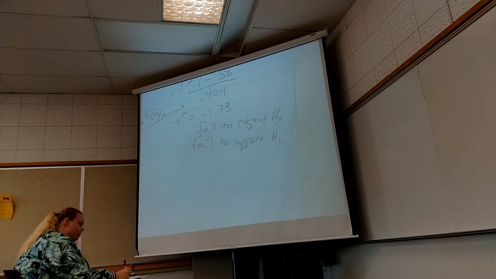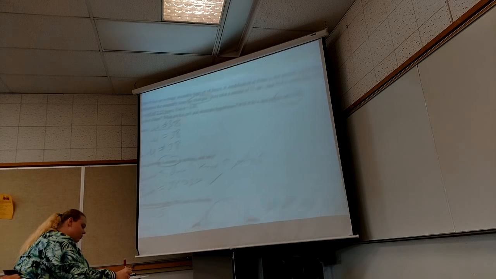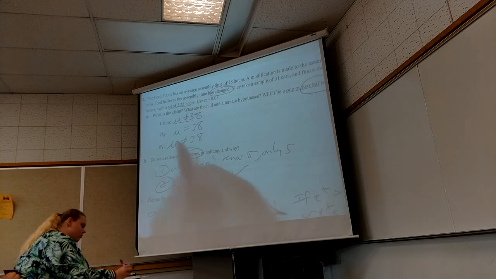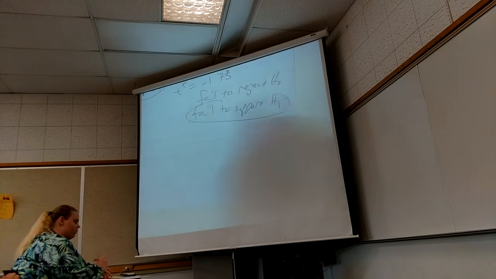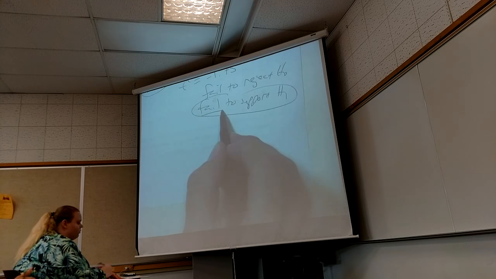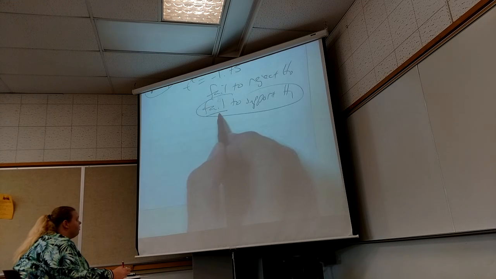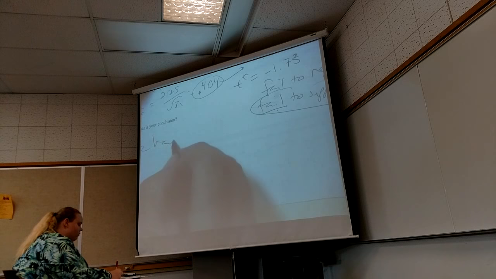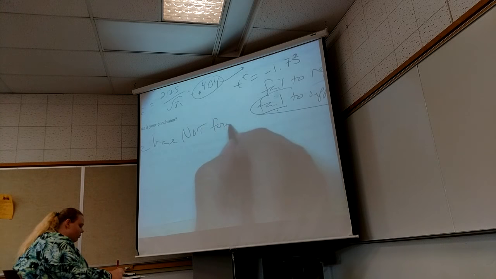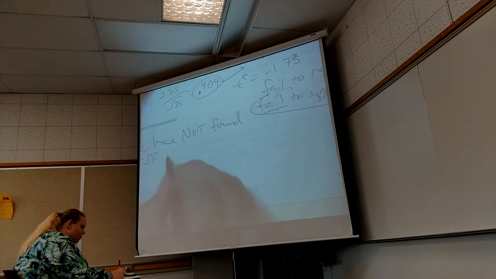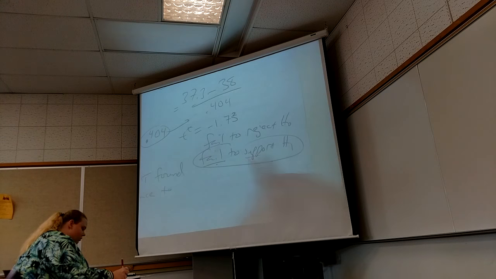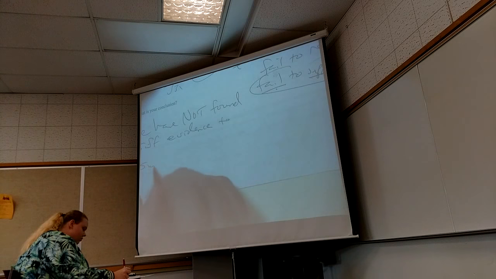Which one was our claim? The Ha was our claim, so I'm going to use this language. Fail translates into we have not found sufficient evidence to support the claim that what?